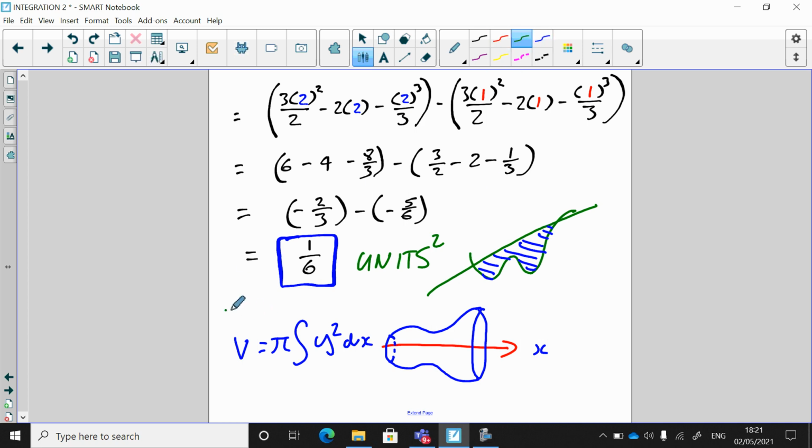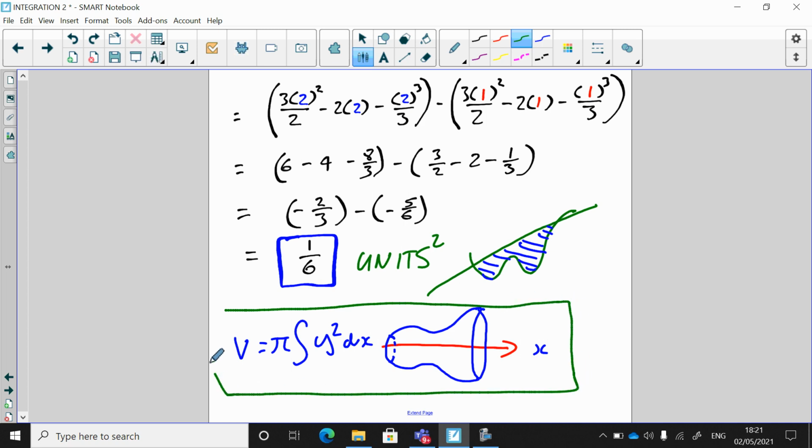And the units here would be cubed. But in this unit, up until now, we're just dealing with areas.